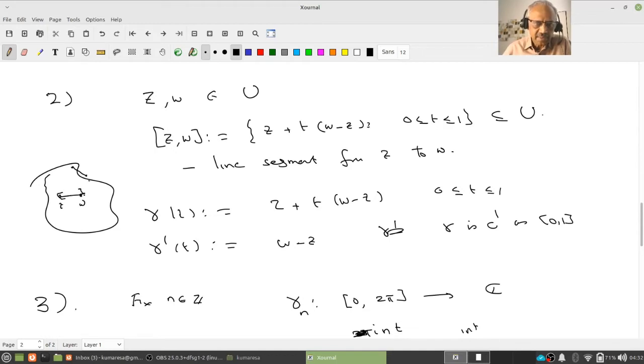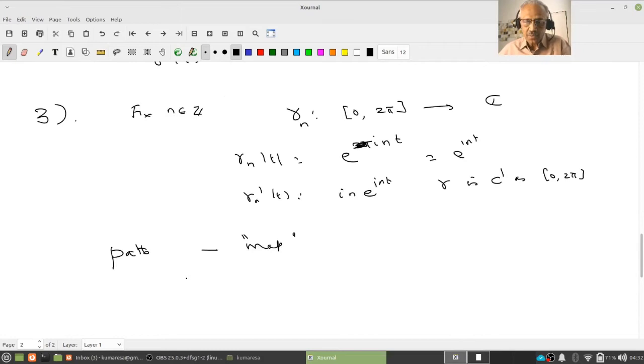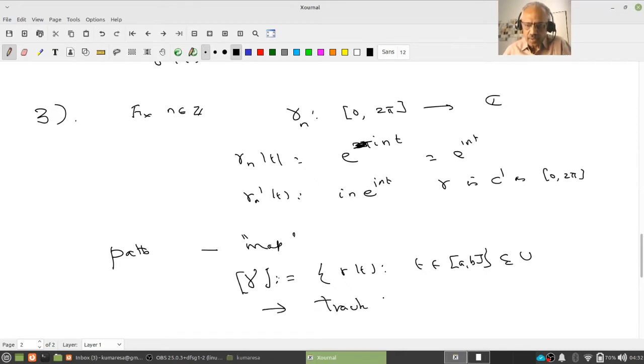This is the line segment here, but that's not to be confused with this, because a path is a map. Therefore we have to have a notation, and this is a standard notation from my book. This, by definition, is gamma t as t varies in its domain. So this is a subset of U. This we call the track or trace of the path.